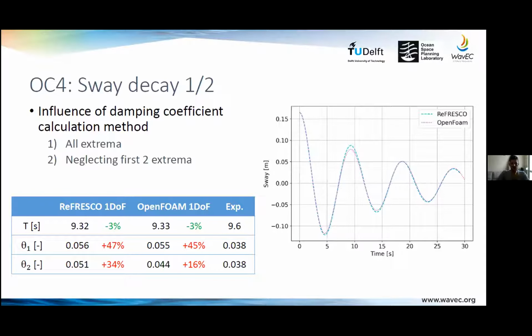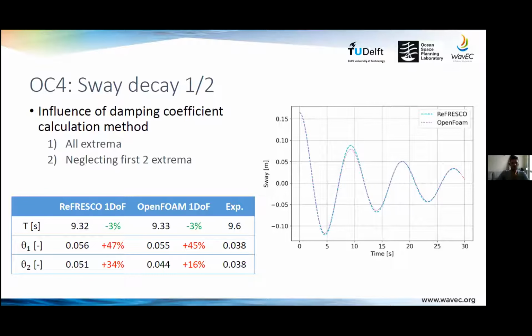And now showing a little bit the decay motion. If we first have a look at the plot on the right, we can see that Refresco and OpenFOAM were achieving more or less similar results, which on first sight is a good result.